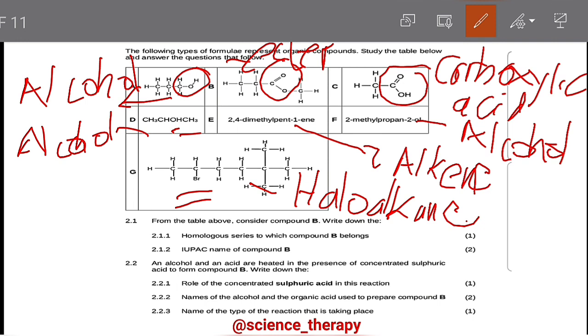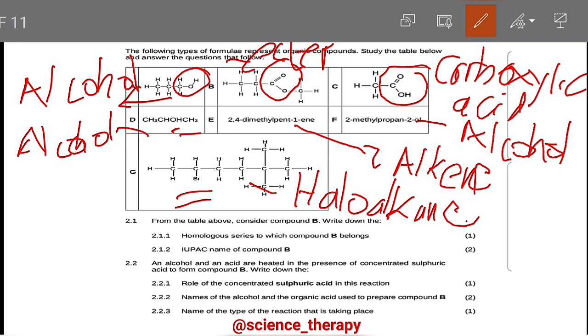Write down 2.1.1, the homologous series to which compound B belongs. From this approach we have already written that compound B belongs in the esters. Then 2.1.2 asks for the IUPAC name of compound B. Every time we name an ester, we start from the side of the alcohol.